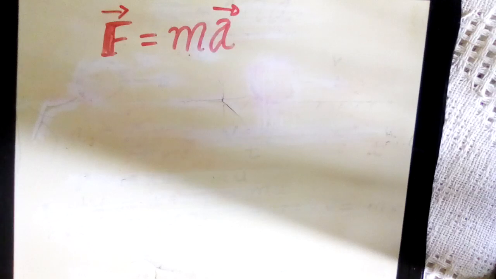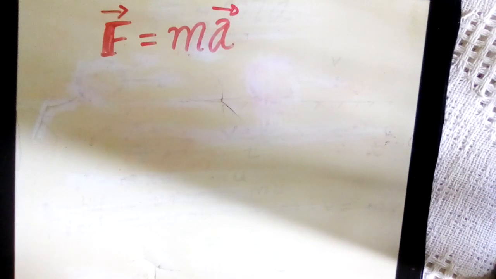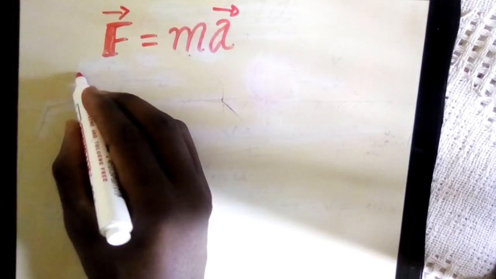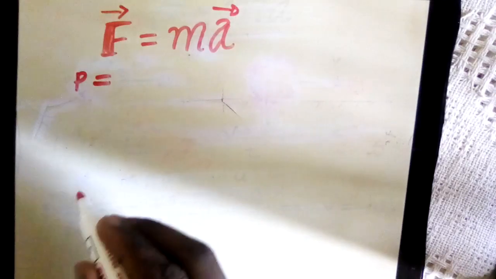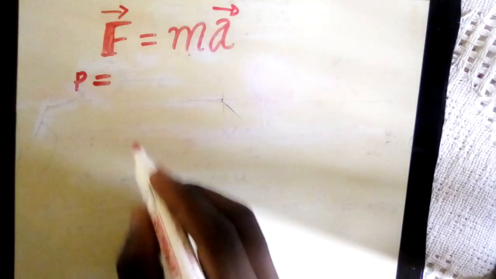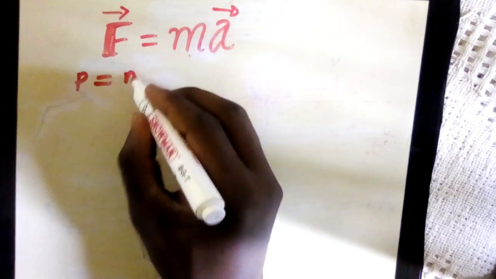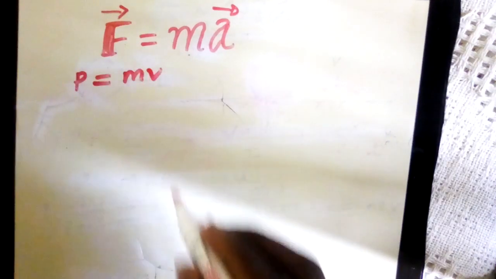Great. So before we get our tutorial started, I'd like you to be familiar with the following terms. What is meant by the term momentum? In many textbooks, momentum is defined as the product of the mass of the body and its velocity. Momentum is given by the small letter p, and it's the product of mass and velocity.